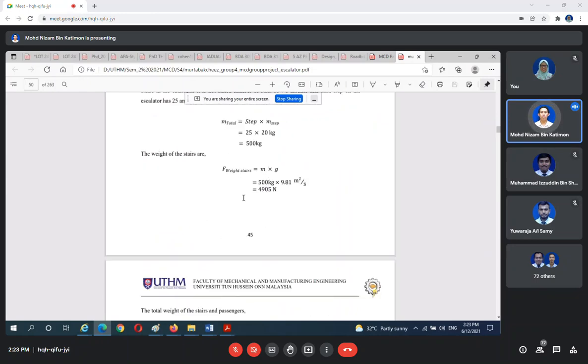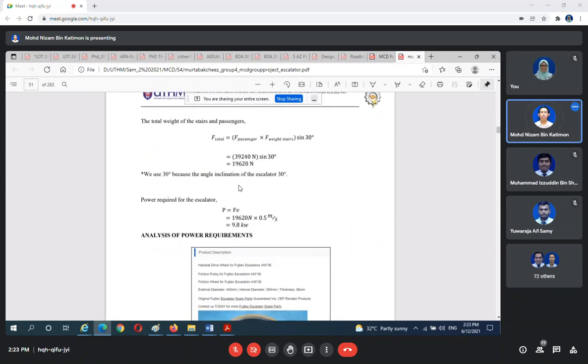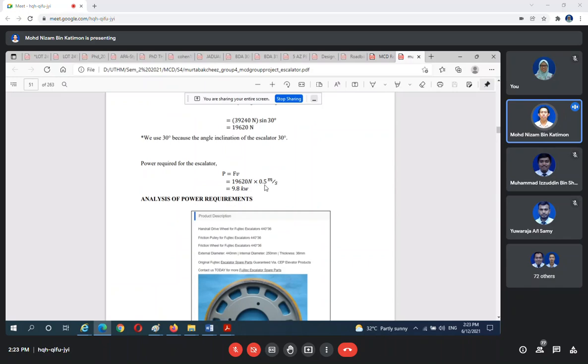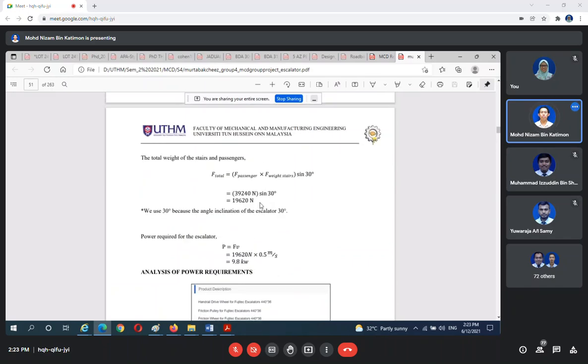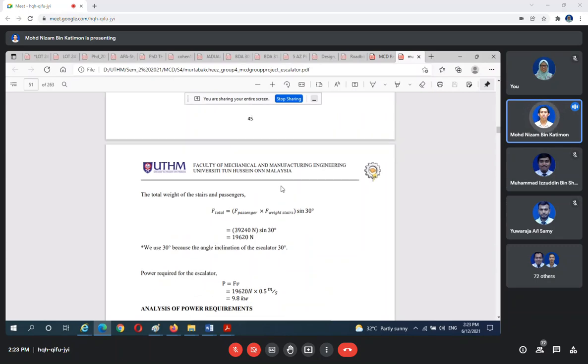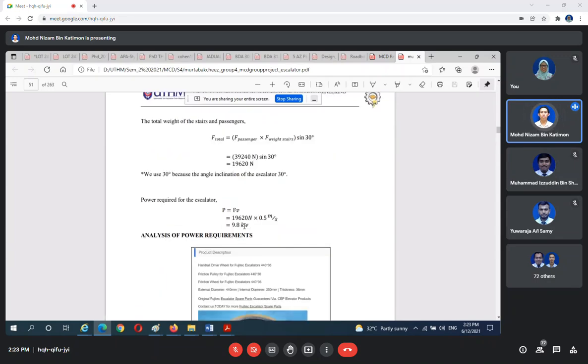In the case of, for example, an escalator, it involves the total weight of the stairs, the total weight of the passengers, and the velocity, the speed.